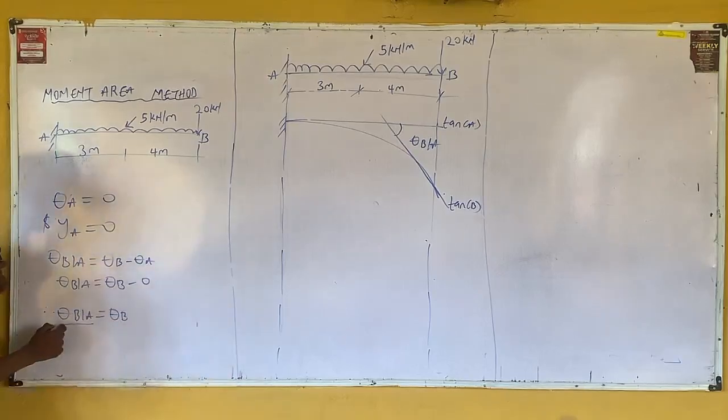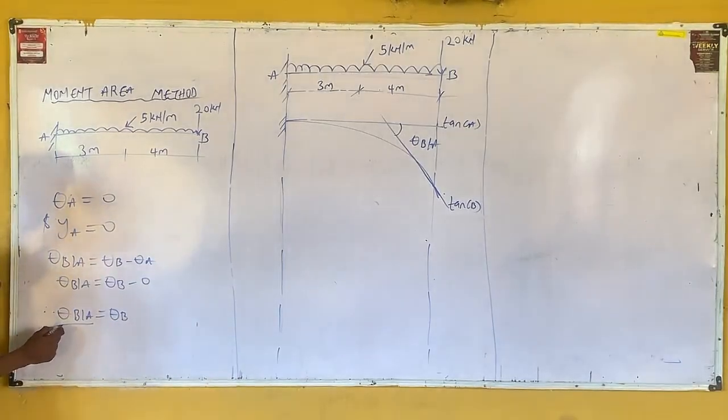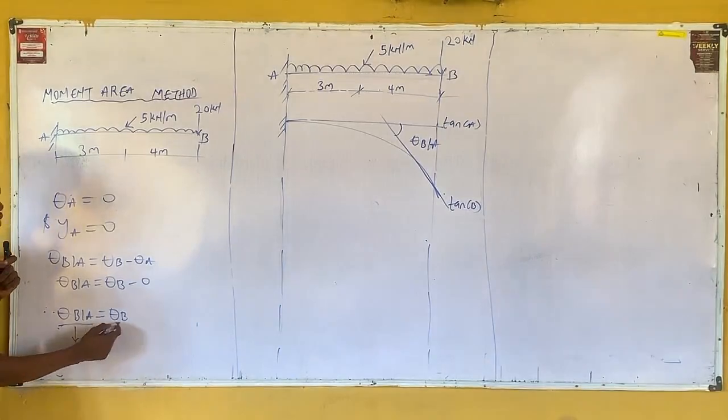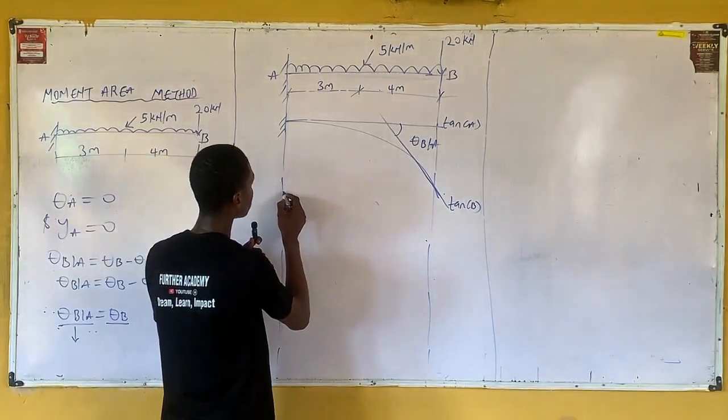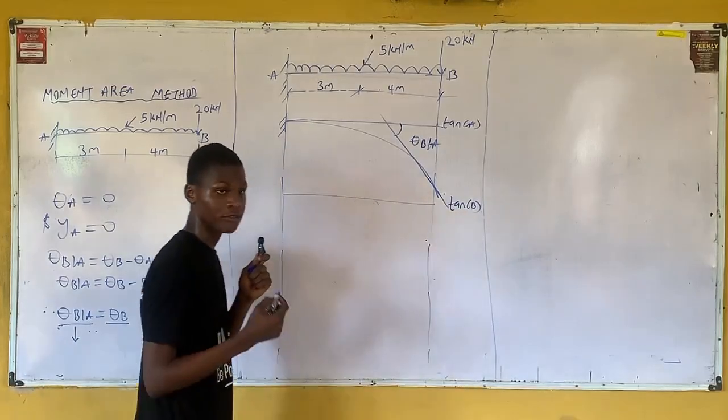So what this means is that you are going to consider the bending moment between point A to point B, meaning you are going to get the area of bending moment between point A to point B so as to know the slope at B. Now let's draw our bending moment diagram, our M by EI diagram, right?